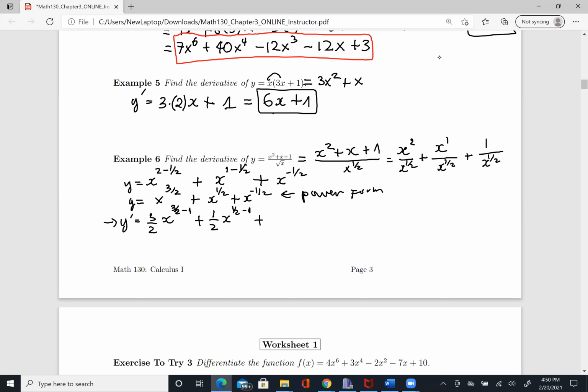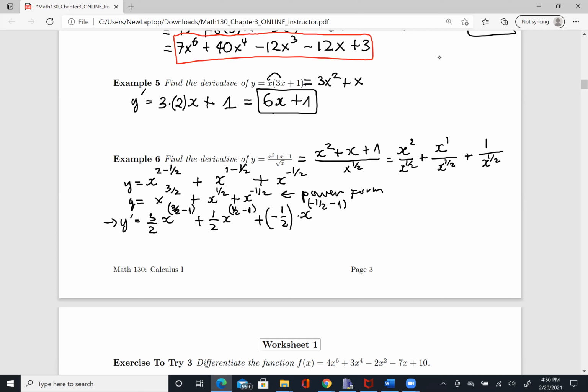And then plus negative 1/2 put down x to power negative 1/2 minus 1. Oh, wait, for powers with fractions like this, I like to slowly do minus 1 on the exponent to make sure I don't mess it up.